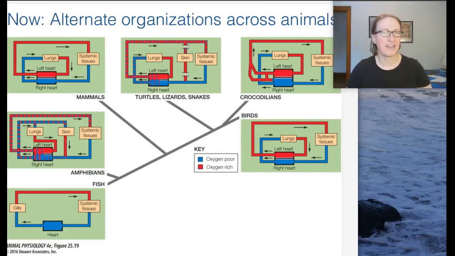Looking at alternate organizations across different animals, your textbook has a comparative figure to illustrate different circuitry in different types of organisms. I've spent a lot of time scrutinizing these circuitry diagrams closely, and certain aspects of them can be a little confusing.